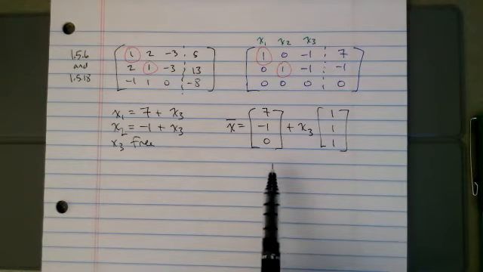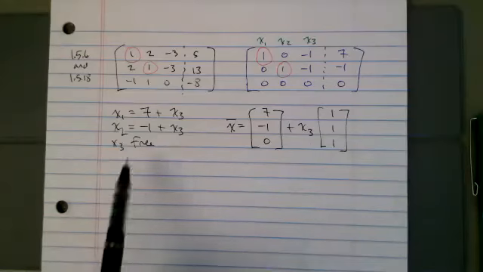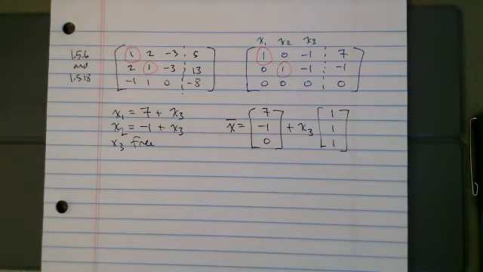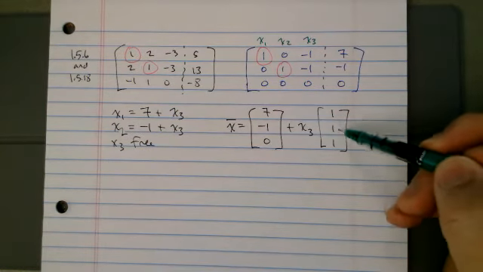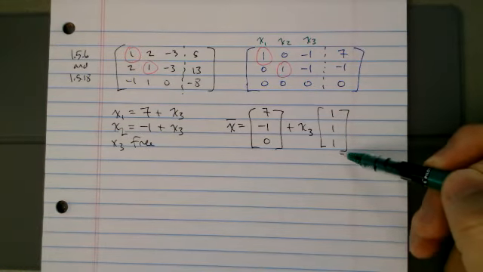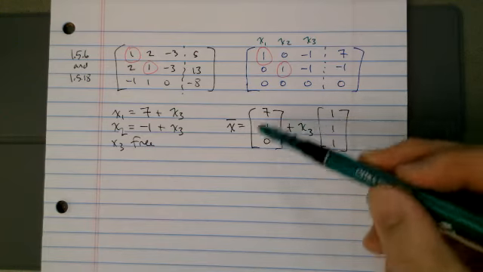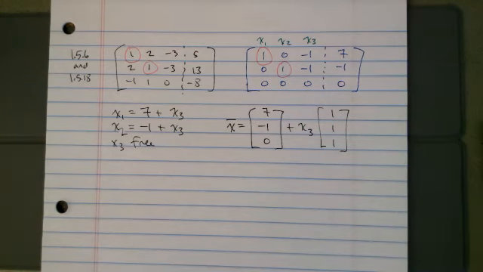The third entry is going to be 0 plus 1 x3, because that's what x3 free means. So we can see that the solution set is going to be a line in the direction of 1, 1, 1, containing the point 7, -1, 0. That's what this solution set looks like.